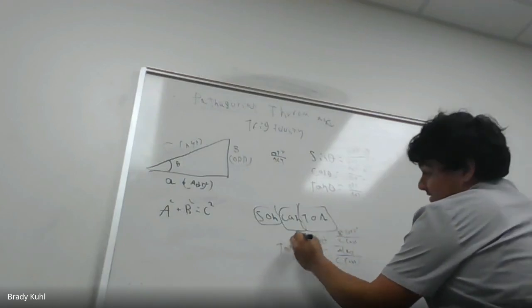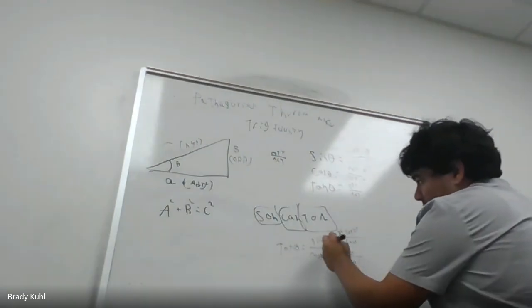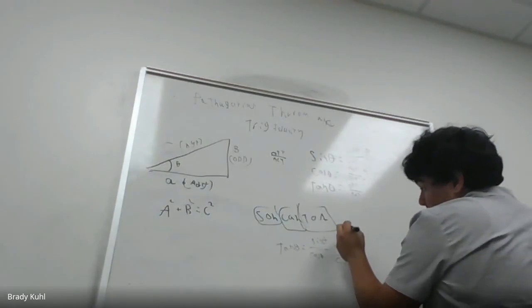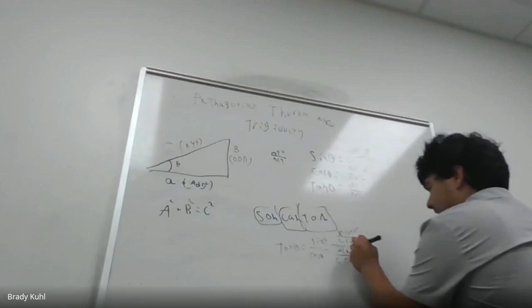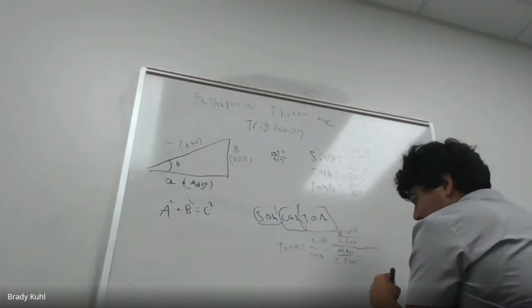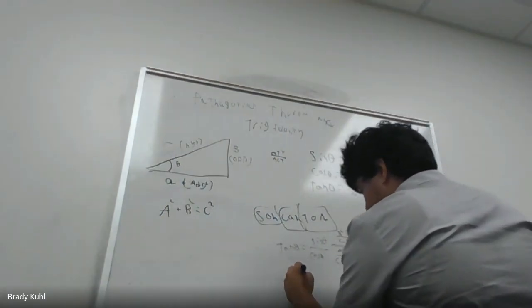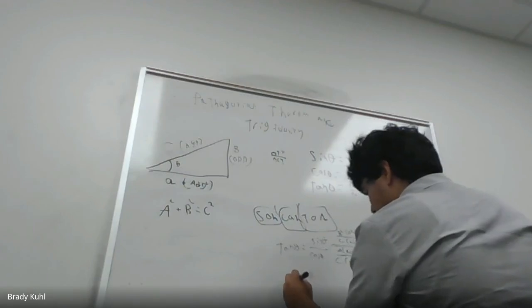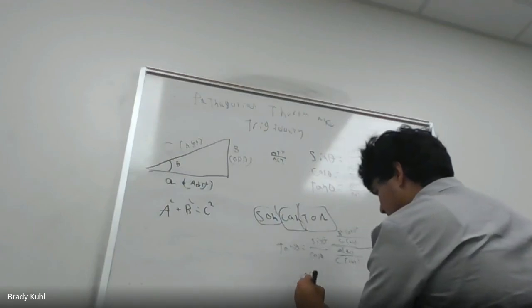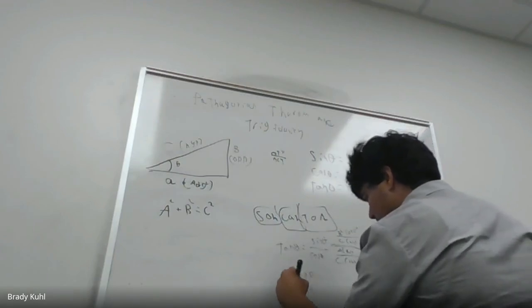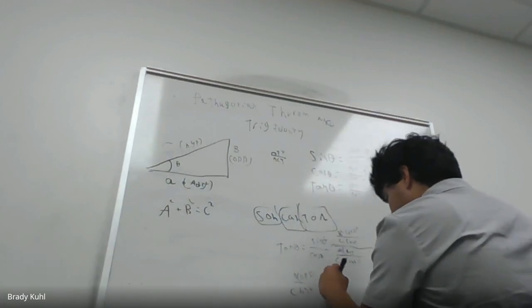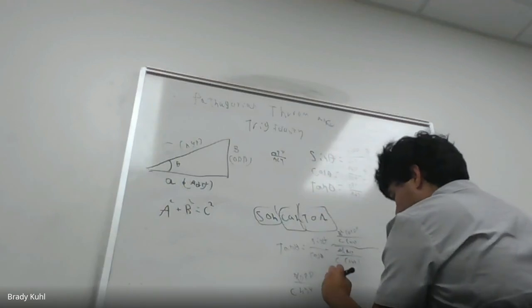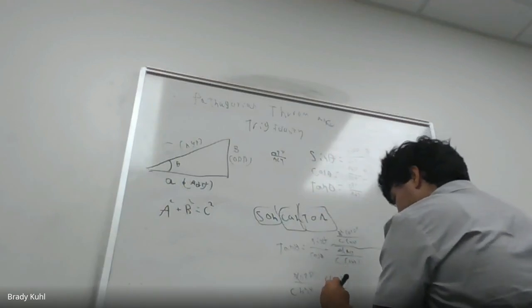Since tangent is sine over cosine, where sine equals opposite over hypotenuse and cosine equals adjacent over hypotenuse, because they have a division, instead of dividing you can multiply by the inverse: opposite over hypotenuse, B over C, times hypotenuse over adjacent.